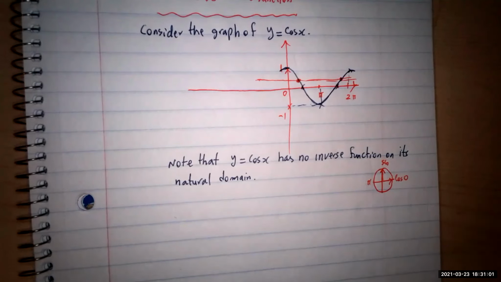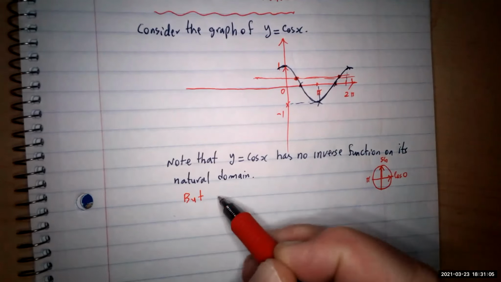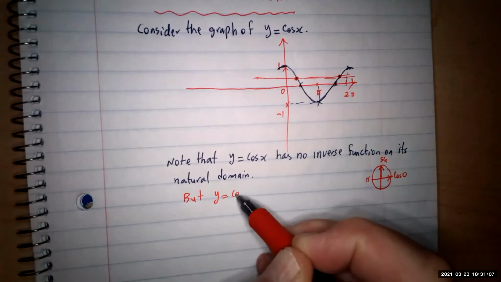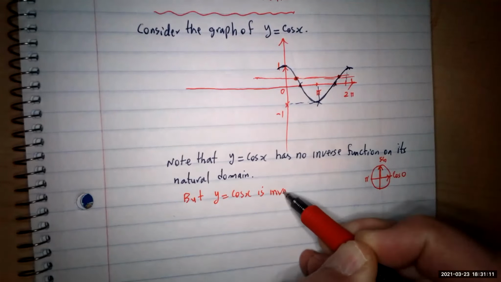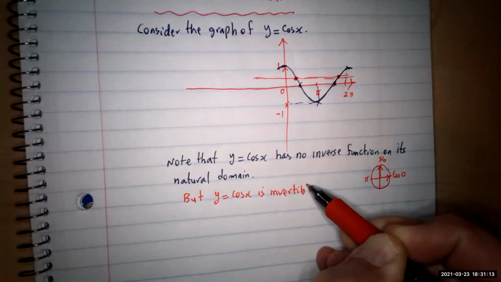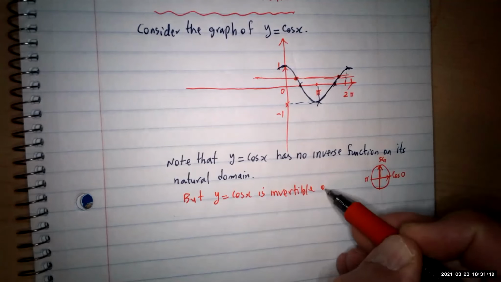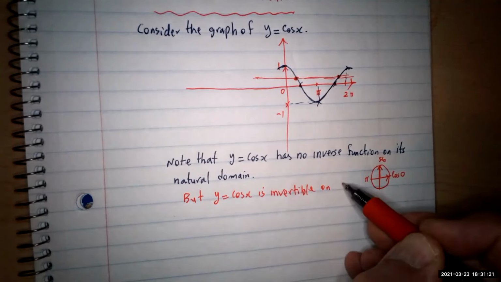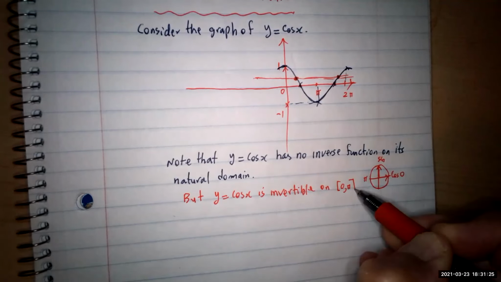So we say y equal to cosine x is invertible on the interval 0 to pi.